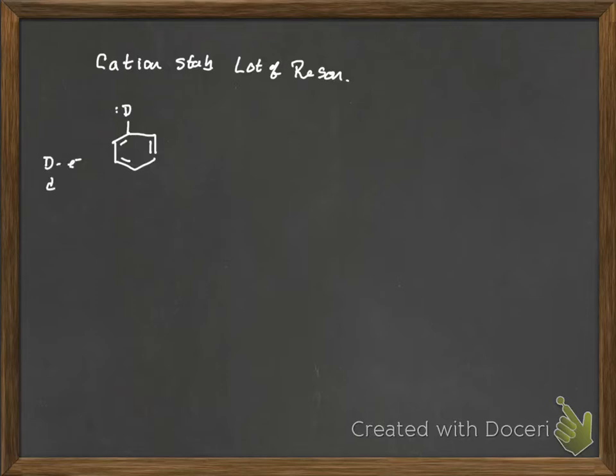So for cation stability, ladies and gentlemen, this is going to be a lot of resonance forms. So first of all, let's put this as our aromatic ring, and the D stands for electron donor.